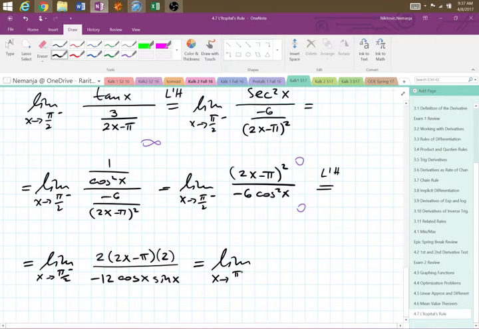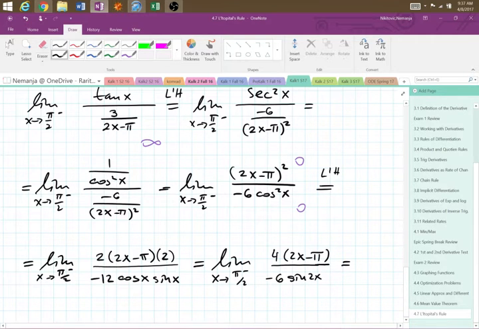So I'm going to steal a 2 on the bottom, so now it's going to be negative 6 sine 2x. And on top you have 4 times 2x minus pi.